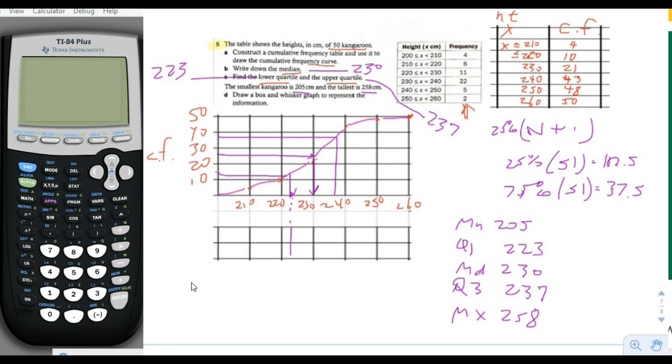Since I conveniently put the graphs right under each other, the box can be drawn just by tracing. The minimum is 205 and the maximum is 258, so the minimum is here and the maximum is about there. If you want to put the markers here, it's the same as the one above, 250 and 260. And that's the box and whiskers that we were going to draw.